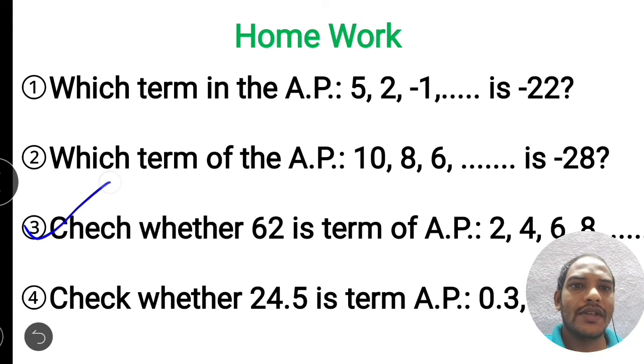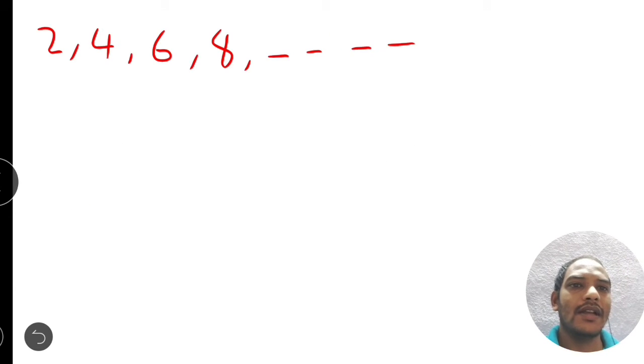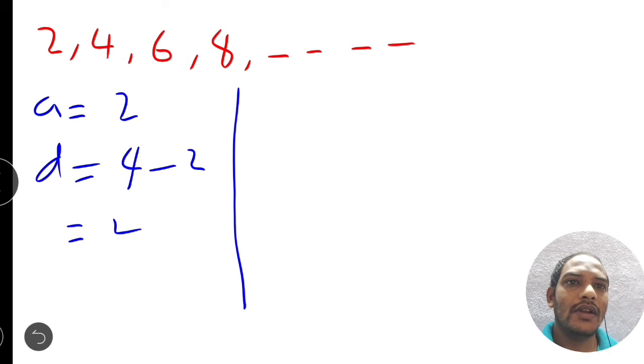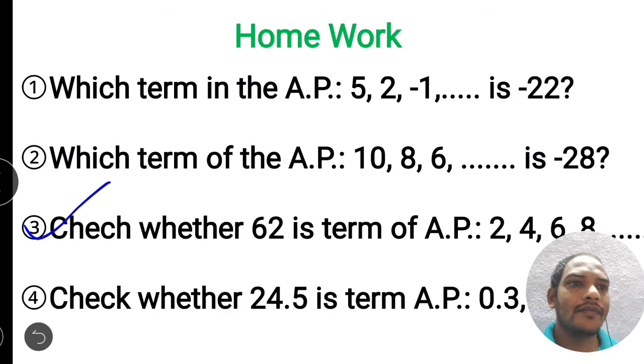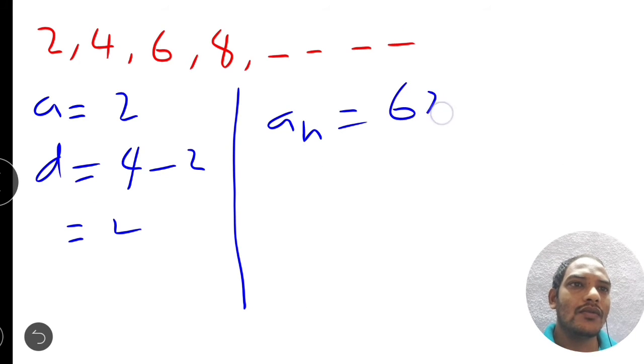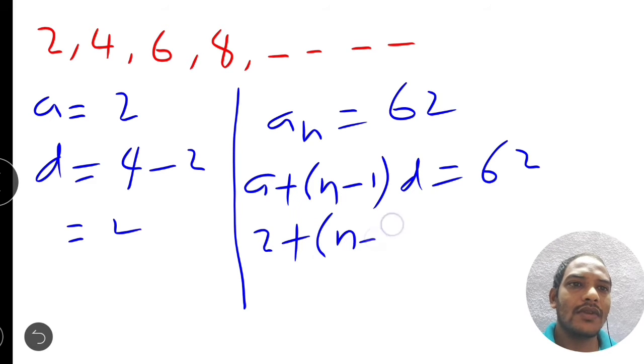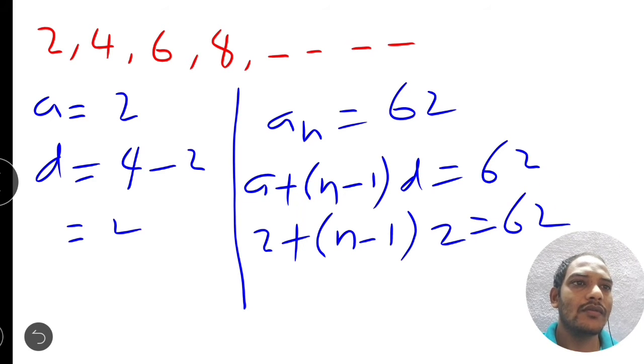Next, third question, check whether 62 is a term of the AP 2, 4, 6, 8, dash. So here A equals 2 and D equals 4 minus 2, that is 2. Equate AN equals 62. So A value 2 plus N minus 1 into D value 2 equals 62.